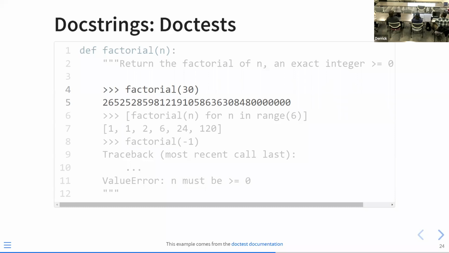And what we put under it is going to be whatever the terminal would spit out as a string. So notice how we haven't defined a variable to put the output of factorial in. So normally if you're typing this in the REPL or in a Jupyter notebook, for example, it would print what the output is. So that's how you want to think about this. So what we're doing in the doc string is saying this is the output that we expect from factorial 30. And when it runs this, if it gets something different, it's going to raise an exception.